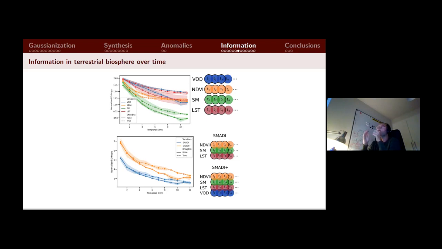We can also see that LST and VOD show the largest difference between drought and non-drought periods or years, and that the difference is the largest as we increase the temporal dimension. This is a very nice conclusion of this work, because that really suggests that LST and VOD observed during longer periods could be more insightful, more useful for detecting droughts.